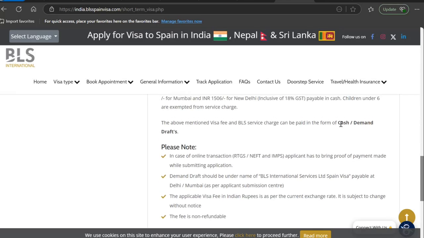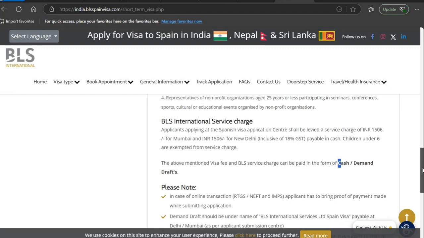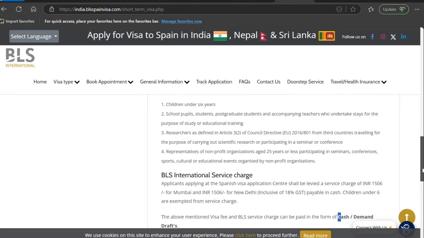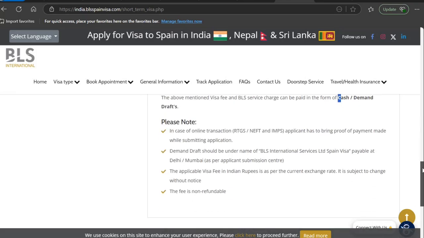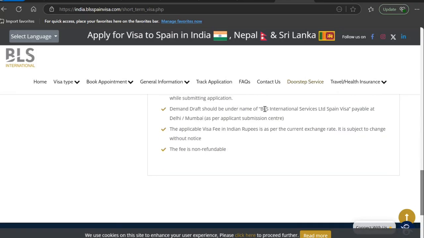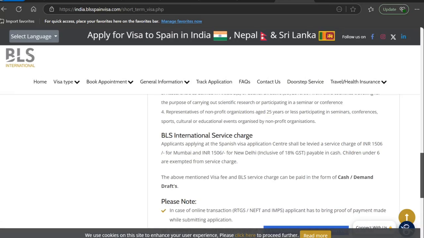Now this you can pay in cash or demand draft. So if you're taking cash, I would suggest make sure you carry the exact amount so that there is no question of finding change. Okay. Demand draft is always good because then you can do it for the exact amount you want. Demand draft should be in favor of this, as per your submission center.